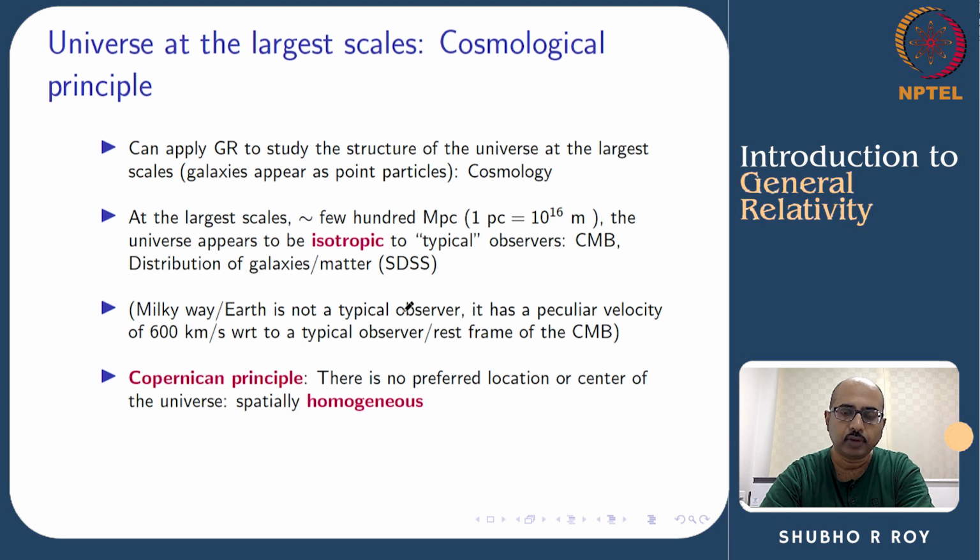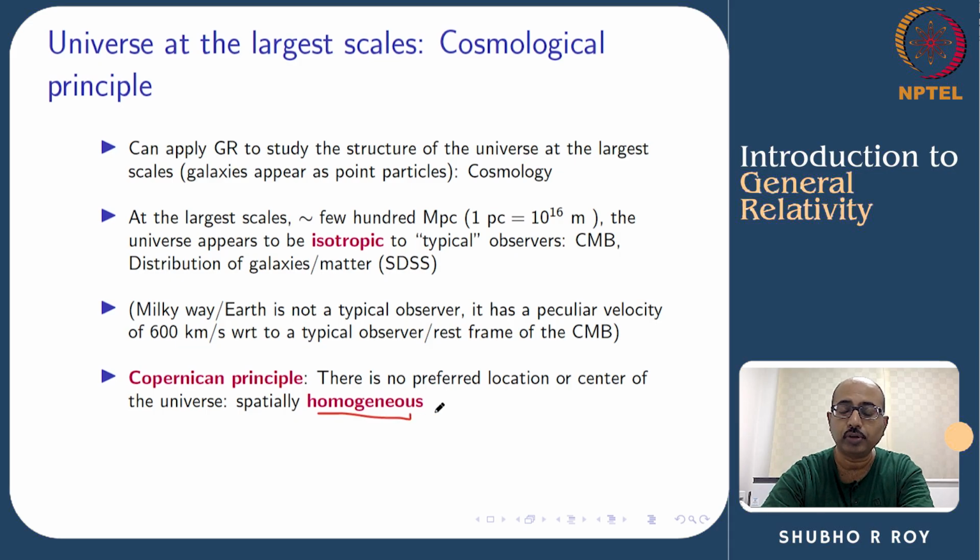So the next, I should say philosophical, principle is the Copernican principle, which says that there is no preferred location, or no center of the universe. If there is no preferred location, every location is similar in stature, or in other words, the universe is spatially homogeneous.